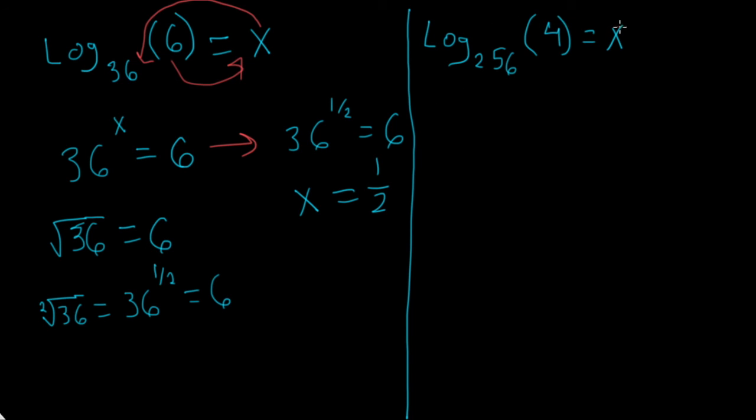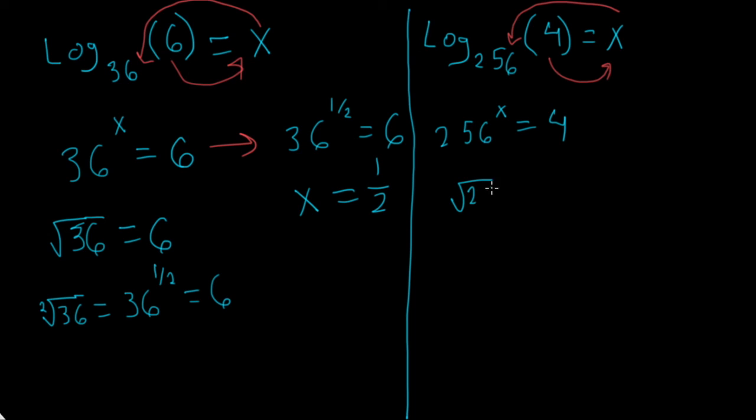Okay, so hopefully you gave it a try, and we'll see that this comes here, and what we're left with is 256 to the x power is equal to 4. All right, so what root do we need to do to get from 256 to 4? Well, we know it's a root of some kind, right?